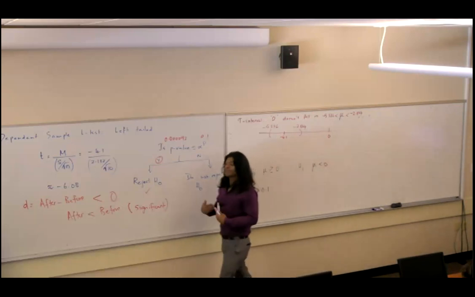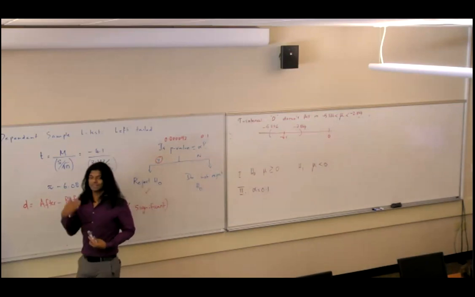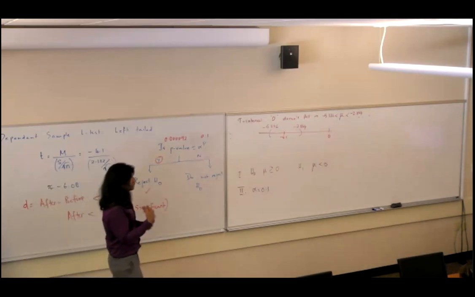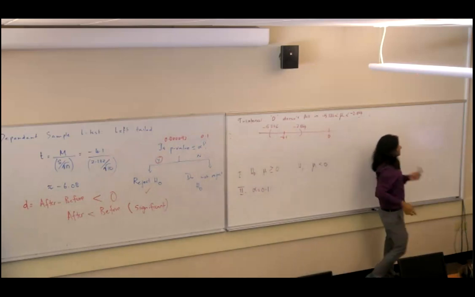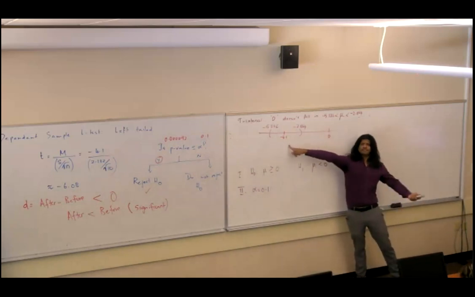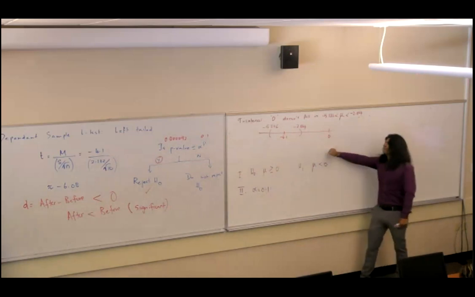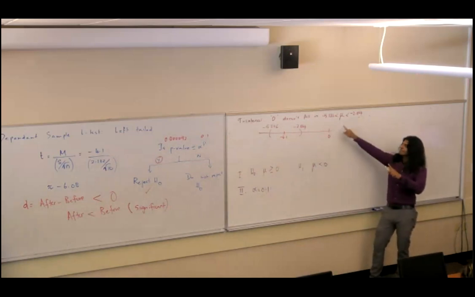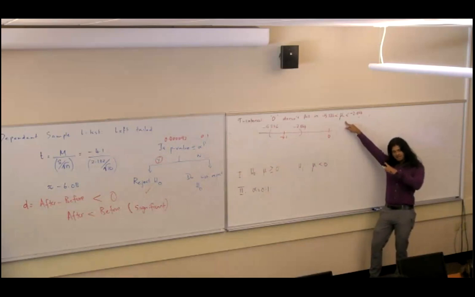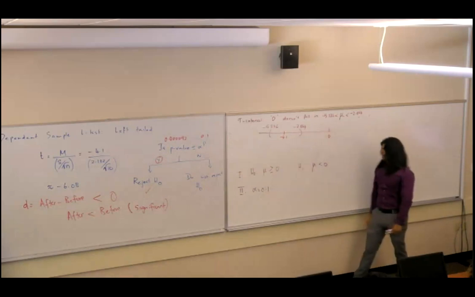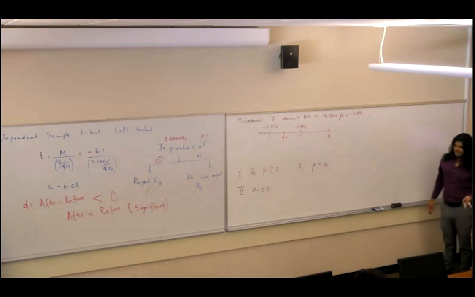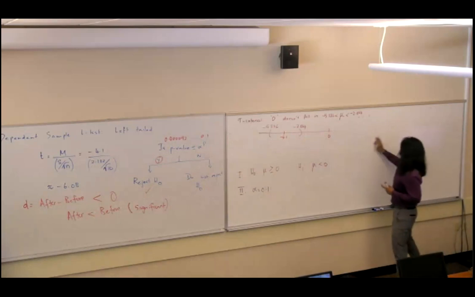X bar is something you know, right? You're trying to come up with an interval for the unknown quantity, which is mu. The sample mean, I already know that, right? You try to find an interval for the unknown quantity using the mean. The last approach, of course, should give you the exact same conclusion.